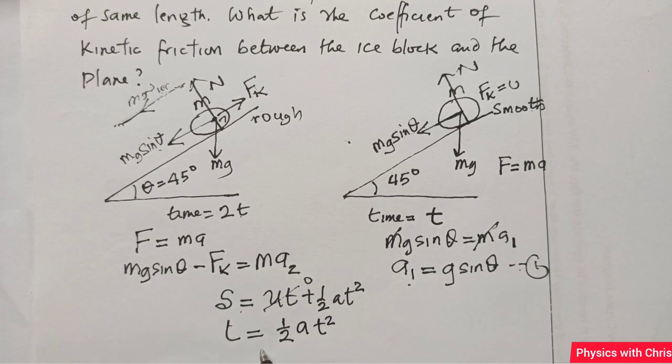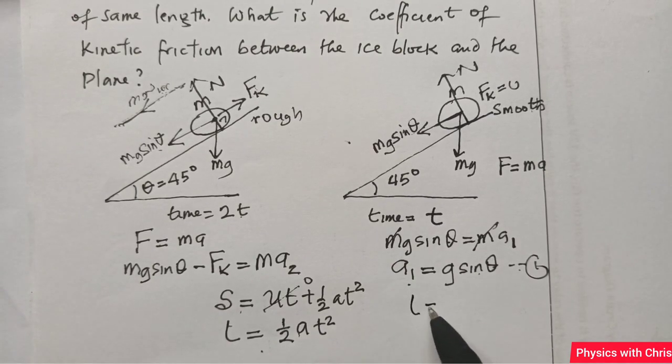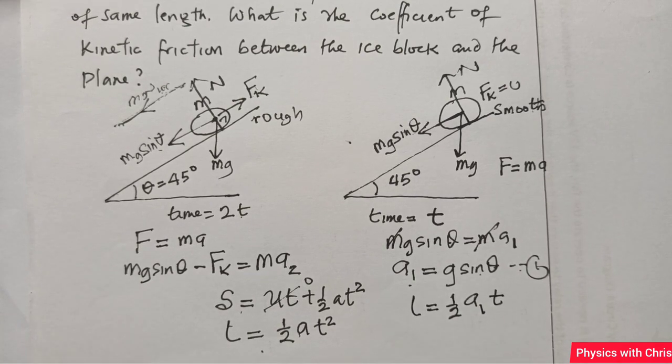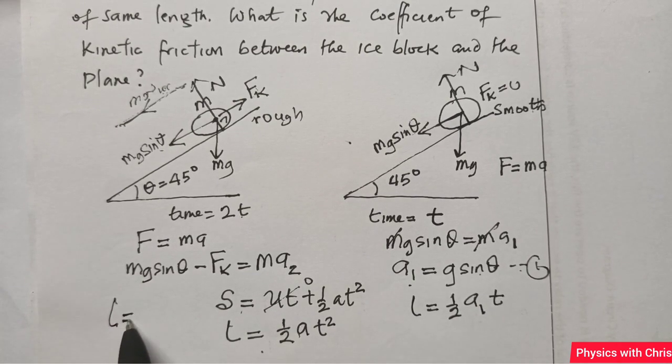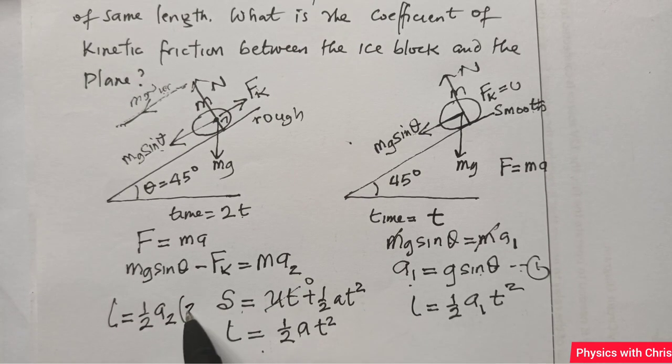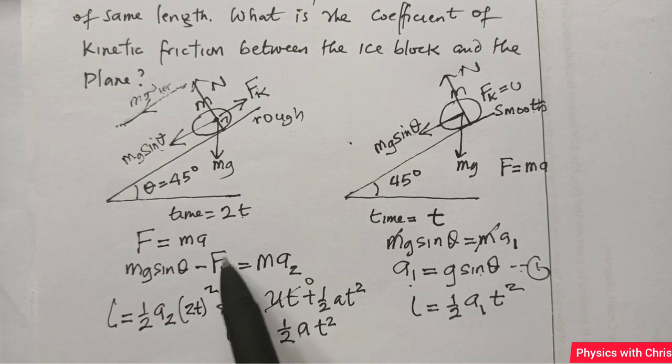So let me use this equation for the first instance and then for the second instance and see how the two accelerations relate. For the first instance, the length of the plane is half times a1 times t squared. For the second situation, it is L equals half times a2 times 2t squared, because it takes twice the time.